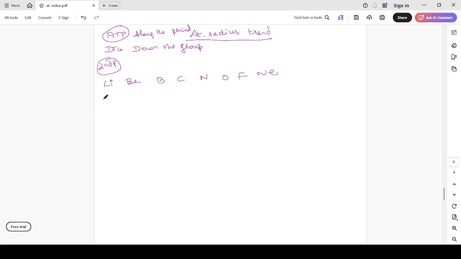So let us start writing the electronic configuration. The atomic numbers are 3, 4, 5, 6, 7, 8, 9, and 10. How do you write it? 2,1. I'm not writing the quantum electronic configuration, just the normal electronic configuration. 2,1. 2,2.